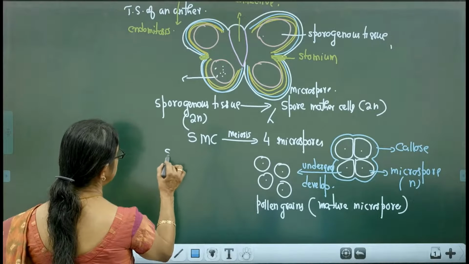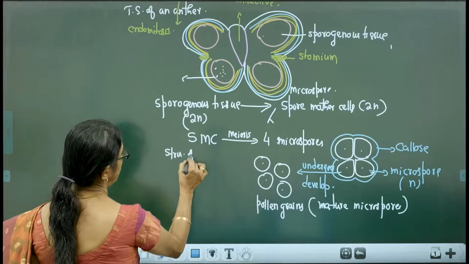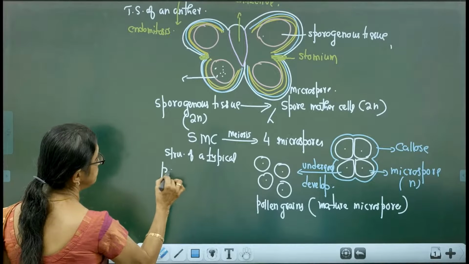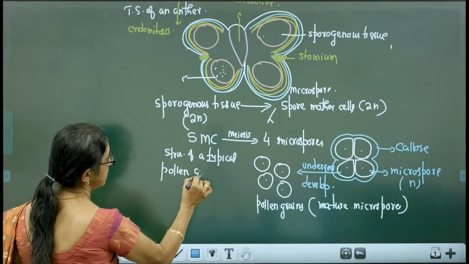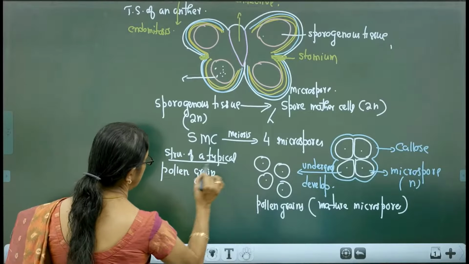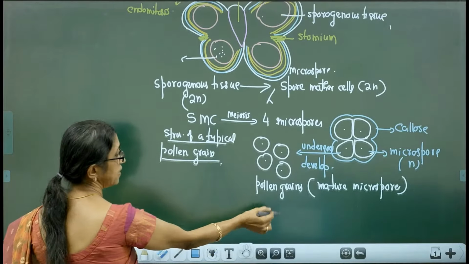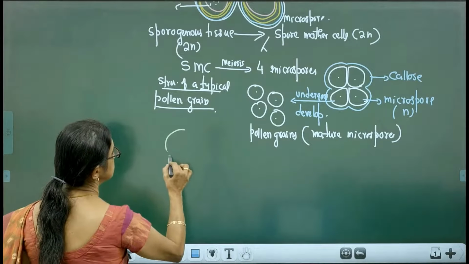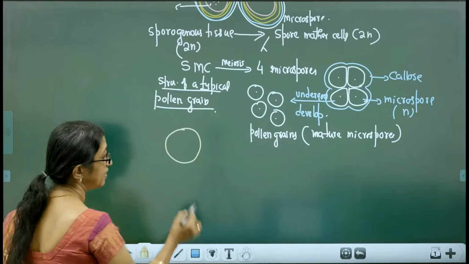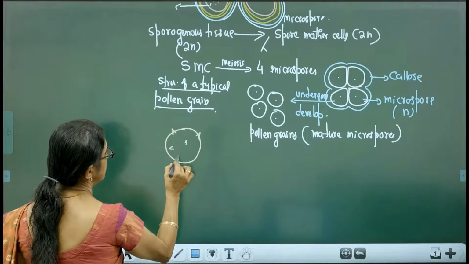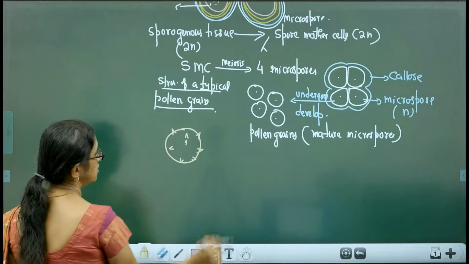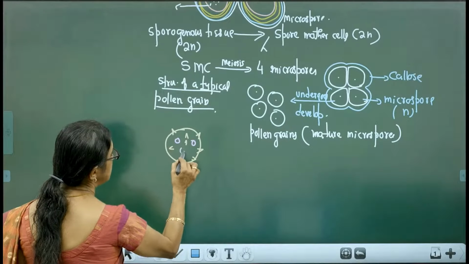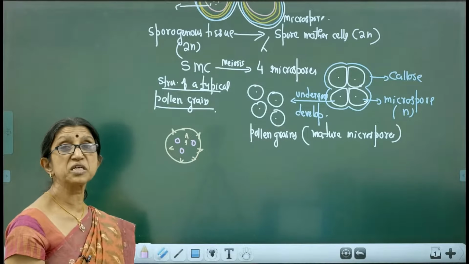Structure of a typical pollen grain. A typical pollen grain has, in this surface view, an ornamentation or sculpturing pattern, and here and there thin areas are seen, and these are called germ pores.